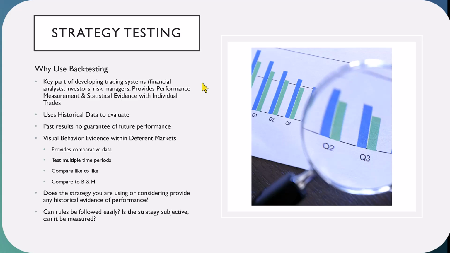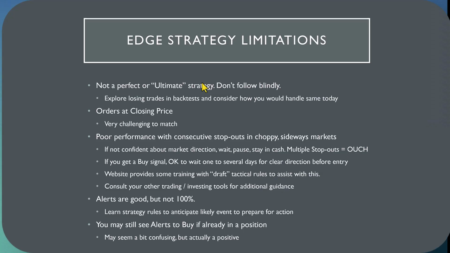I was going to talk about key strengths of the strategy, but I think it's really important to understand the limitations. I mentioned before that chances are we as individual traders are not going to have performance results like we see in the backtest data. And that's because the strategy is not a perfect strategy.